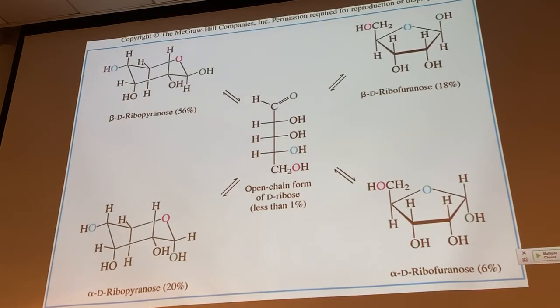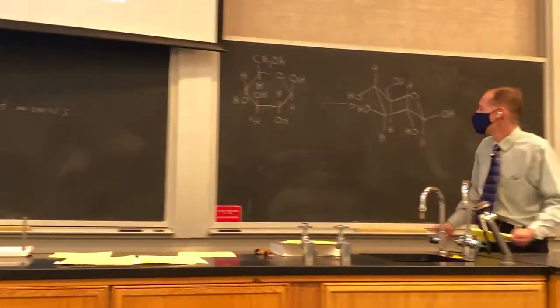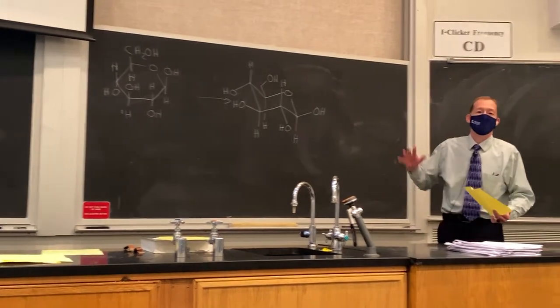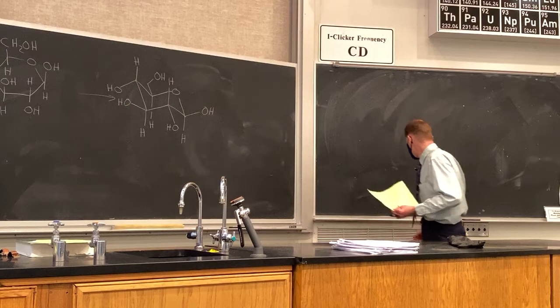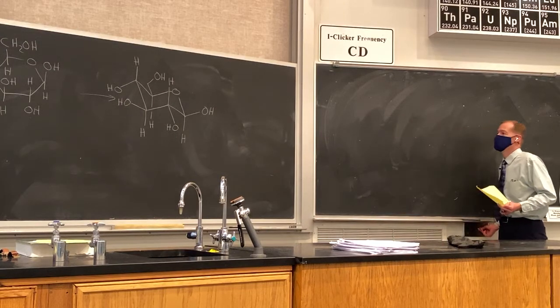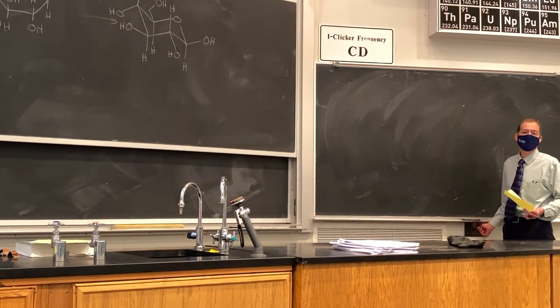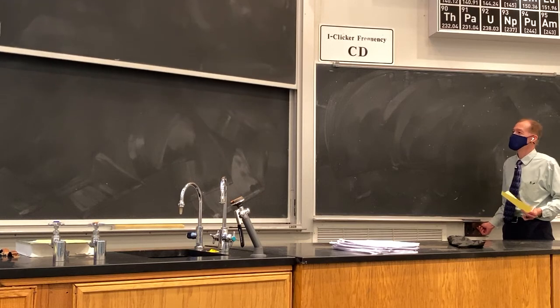Any questions about how we would draw the furanose forms of ribose using these Haworth projections going from a Fischer projection? Any questions? Okay then, so make sure you practice this. We have a final type of monosaccharide that we need to be able to draw in its cyclic hemiacetal form, and that is a ketose.